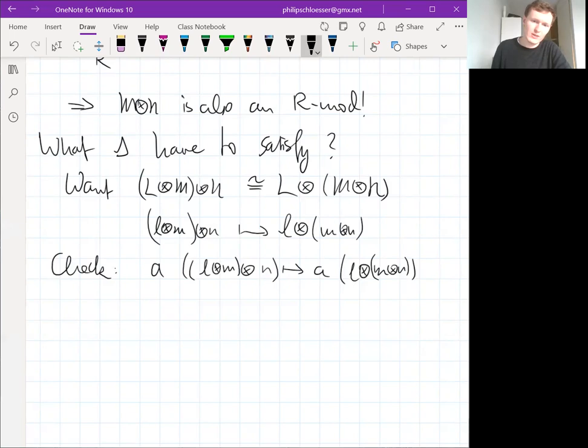Yeah, I guess that is the question. If we multiply with a first, does this really map to the same as if we multiplied with a after applying this map here?